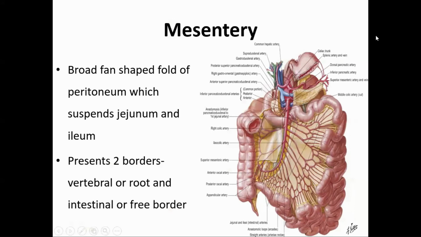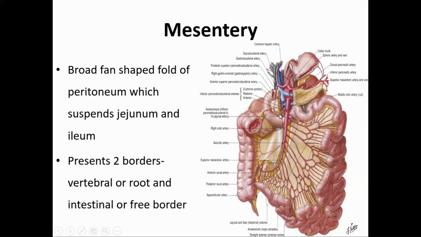Now the mesentery. See, mesentery is important. Mesentery is a peritoneal fold which suspends the jejunum and the ileum, not the duodenum, to the posterior abdominal wall, and via this mesentery the jejunum and the ileum get the nutrients and drain the deoxygenated blood.